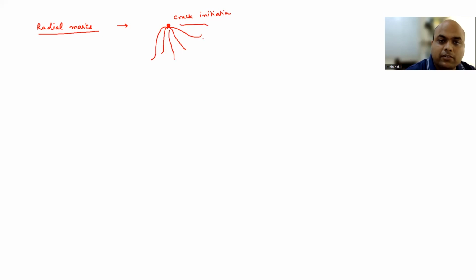Now let's finish this lecture by discussing radial marks. If you see radial marks, you are going to have a crack initiation site, and then you are going to see features like this. These are your radial marks.